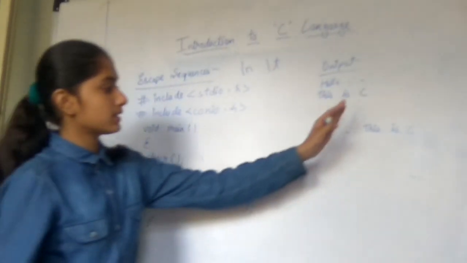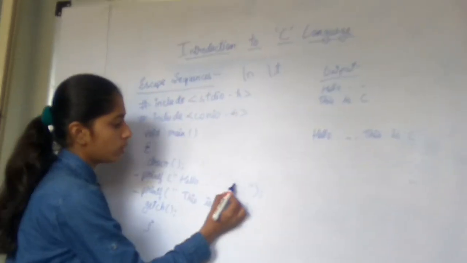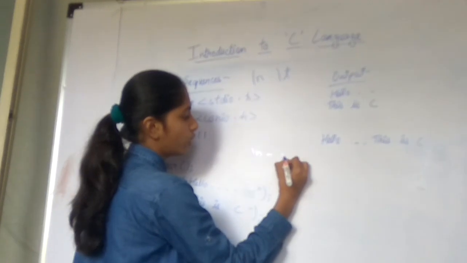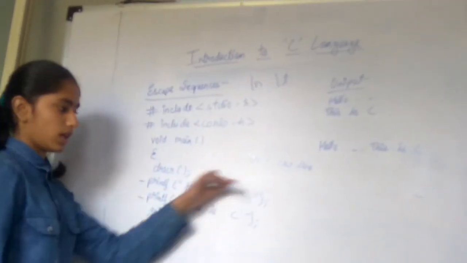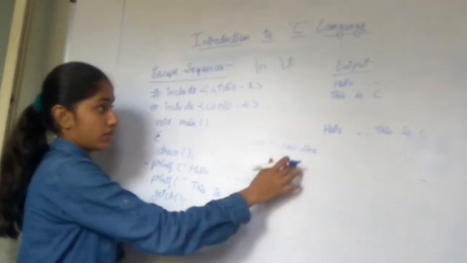So to break this line and print the new message on the next line, I need to use \n. So \n stands for new line, which is an escape sequence which helps me to break the line. So this is the working of \n.